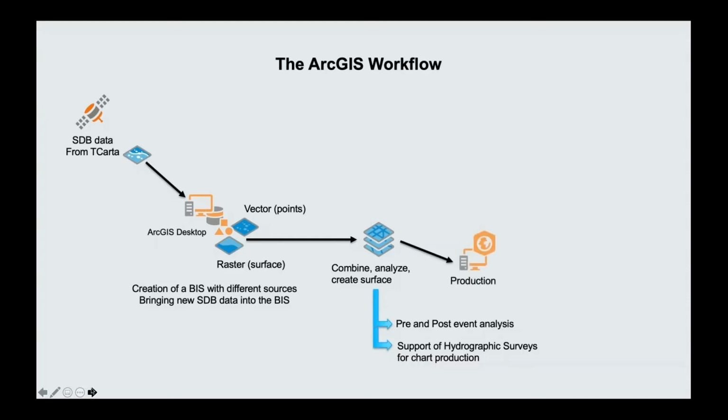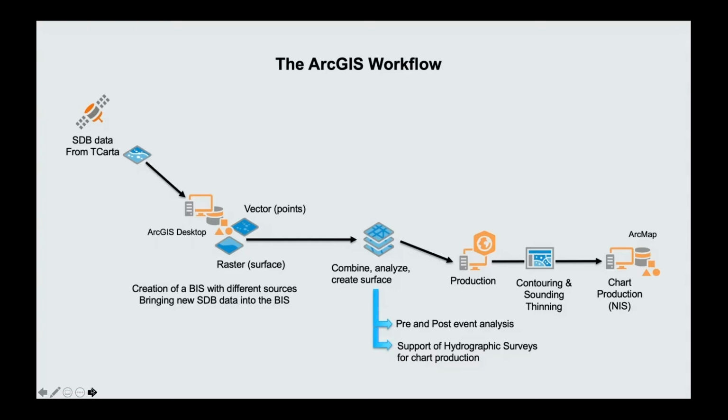So with that, we go to production. In the demonstration that we will see today, we will see how to extract contours, or lines of same depth, to be used to create or complement a chart product.